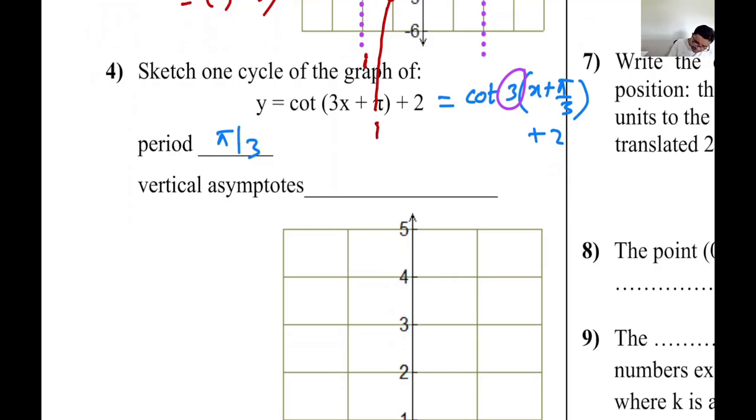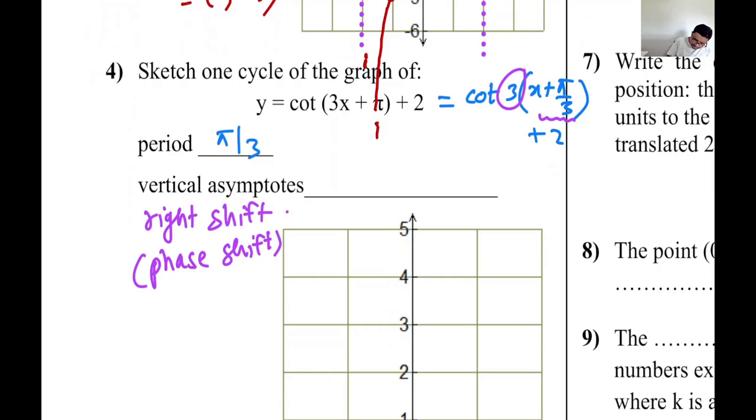And your vertical asymptotes will also shift because you are doing x plus pi over 3. So the phase shift is, left shift actually, my bad, because it is x plus pi over 3, so a left shift of pi over 3 units.